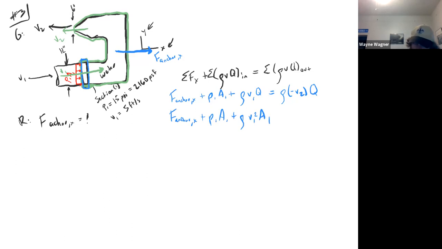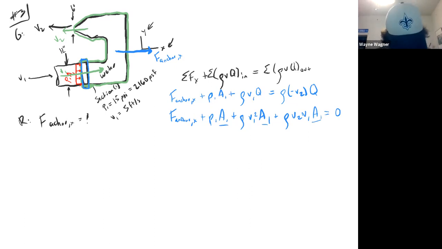Okay, and then over here I'll get equals negative rho. Let's just bring it over to the other side, plus rho V2 V1A1. Right, so I could do it that way if I wanted to. This way I've only got one area that I have to calculate. I've got two velocities I've got to calculate. That's a little annoying.